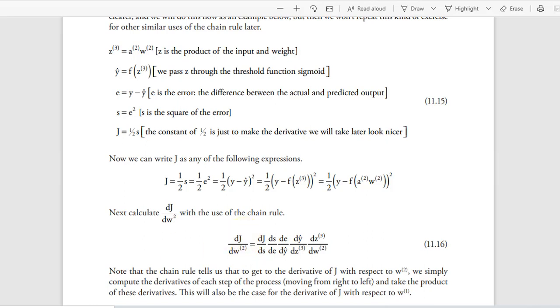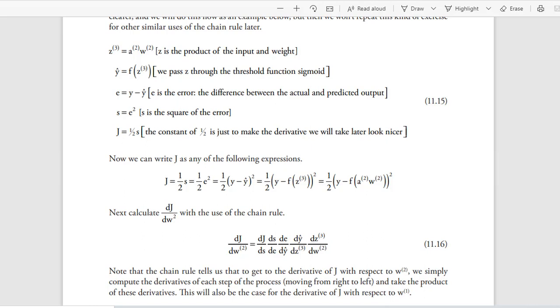We have some idea of how J is going to respond to a change in W. But we also have to decide, should we increase W so that J will decrease? Remember, we want the error to decrease. Or should we decrease W so that the error will decrease?